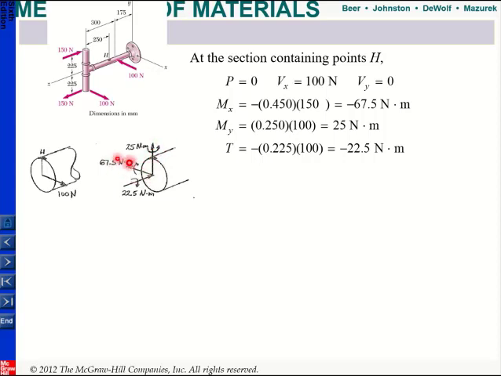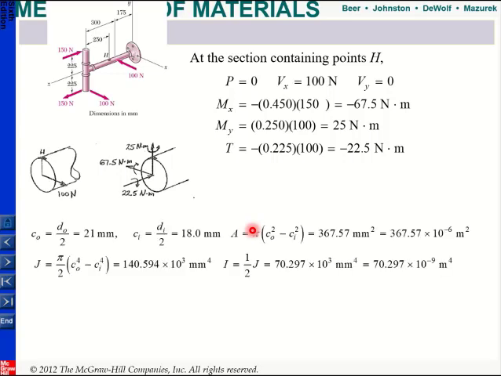This moment will create the maximum normal stress, Mc over I. And torsion will also create a shear stress, Tc over J. So in order to find all the stresses, I need some section properties. I can find the outer radius c0, the inner radius, and the area, and for a circular cross section, this is J and this is I.